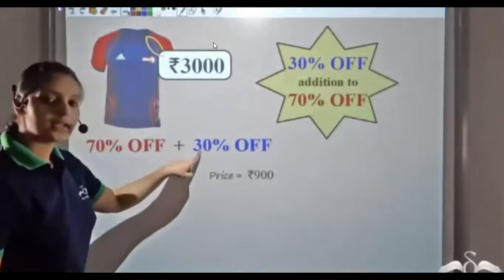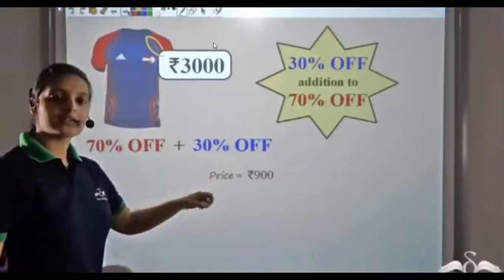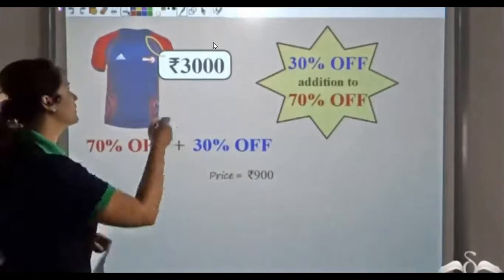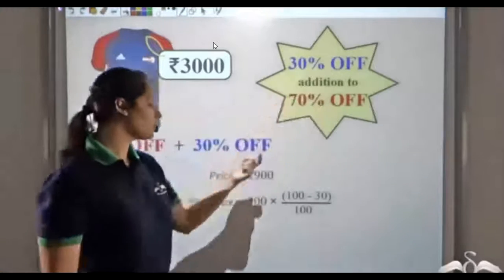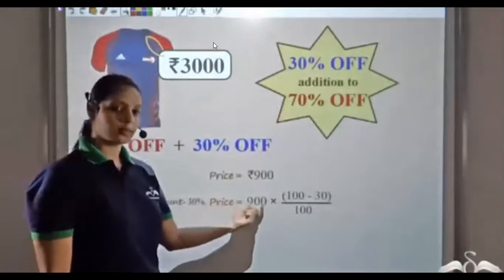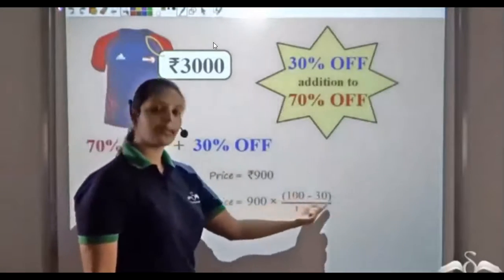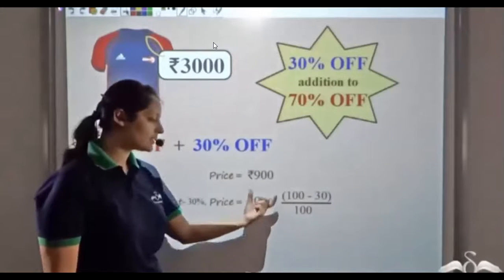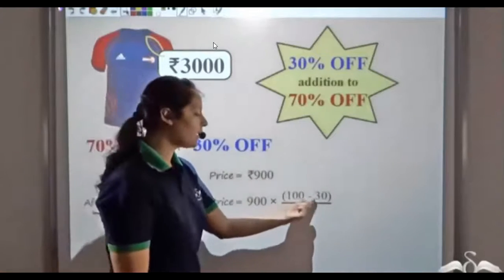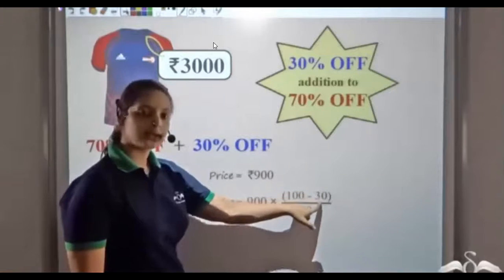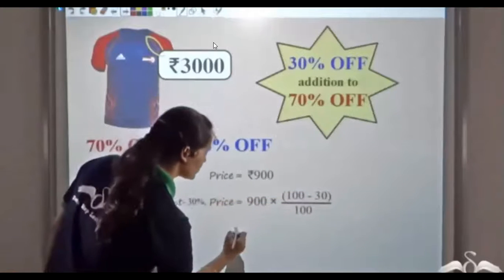We know the discount percent, we know the marked price, we can find the selling price. After this 30% discount, the selling price would be marked price into 100 minus D by 100. Now the marked price is this 900, which is the discounted price, and 100 minus discount percent is 100 minus 30 by 100.